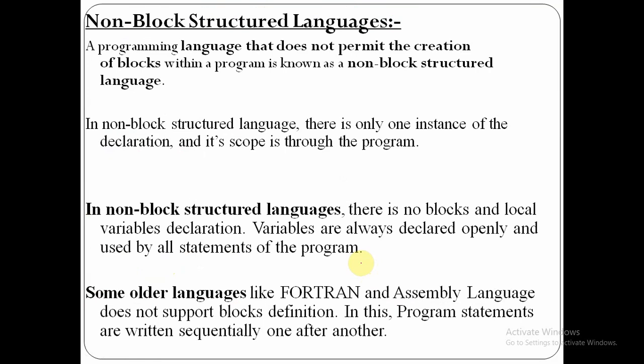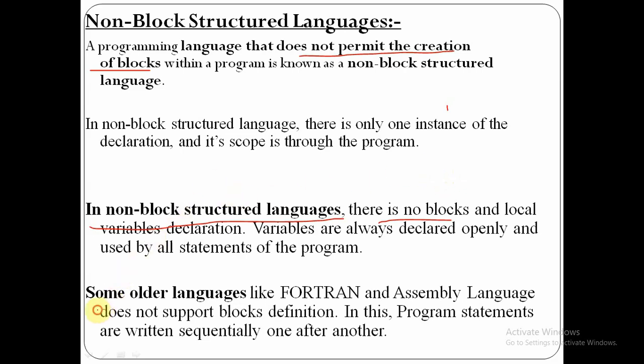A programming language that does not support the creation of blocks within a program is called non-block structured language. That means in non-block structured languages there is no blocks creation and local variables declaration. Variables are always declared openly and used by all statements of the program.